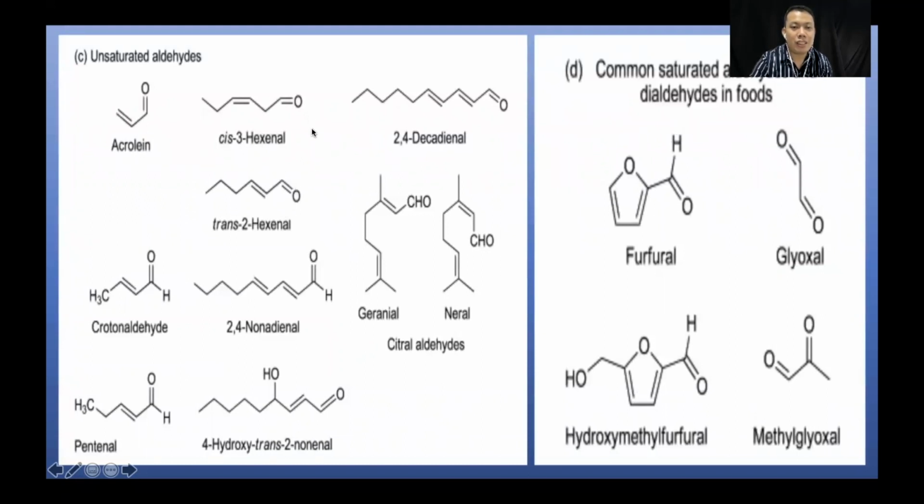You have acrolein, hexenal, because there are double bonds, there are alkenes. Then you also have decadienal, 2,4: 1, 2, 3, 4, 2, 4, and so on.